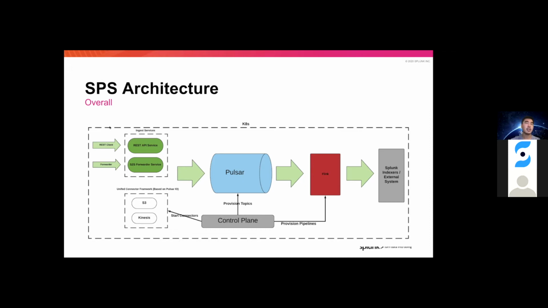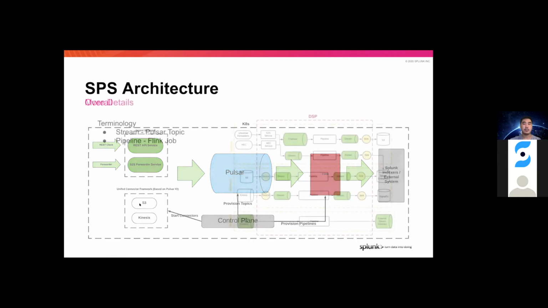Those are the two ingest services that we offer to support the existing protocols people have used to ingest data into Splunk. But now we're not going directly to Splunk indexers. We're going into SPS, which enables users to do some processing on that data and those formats as well.